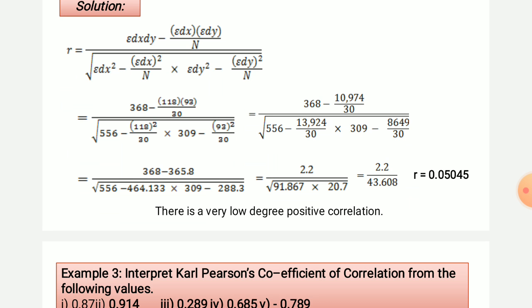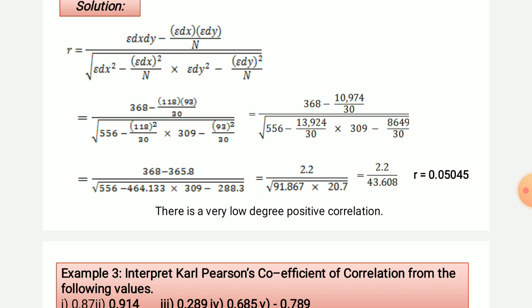Therefore 368 minus 365.8 is equal to 2.2 divided by root of (556 minus 464.133), that is 91.867, into (309 minus 288.3).